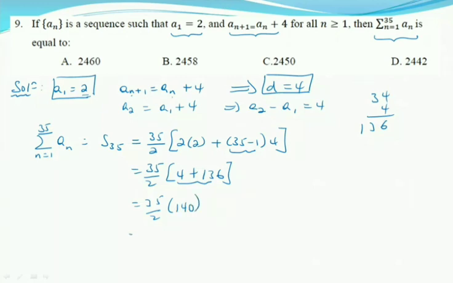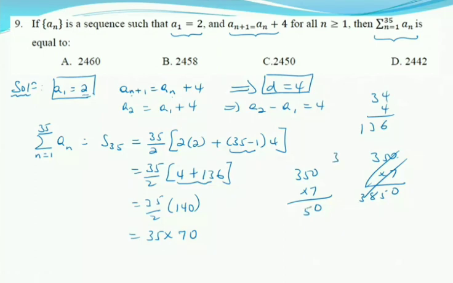So this is 35 times 70, or you can make it 350 times 7. 7 times 0 is 0. 7 times 5 is 35.